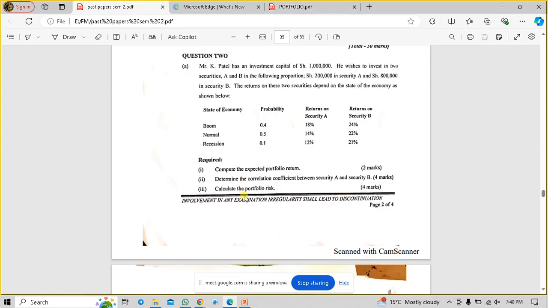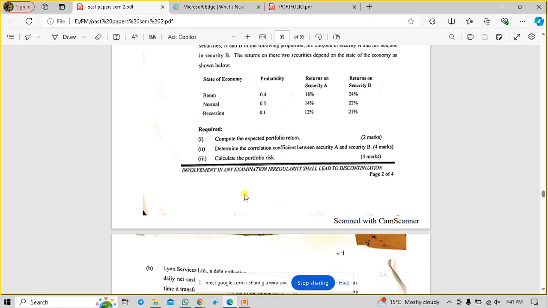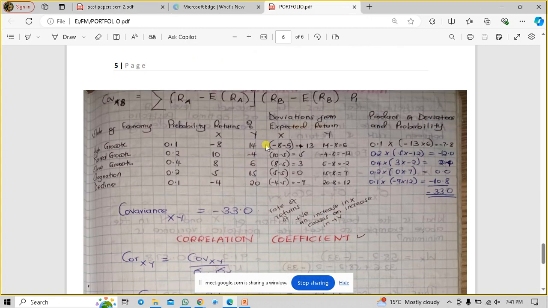there are some questions whereby you can be told to assess the risk. Let me check here in my notes.